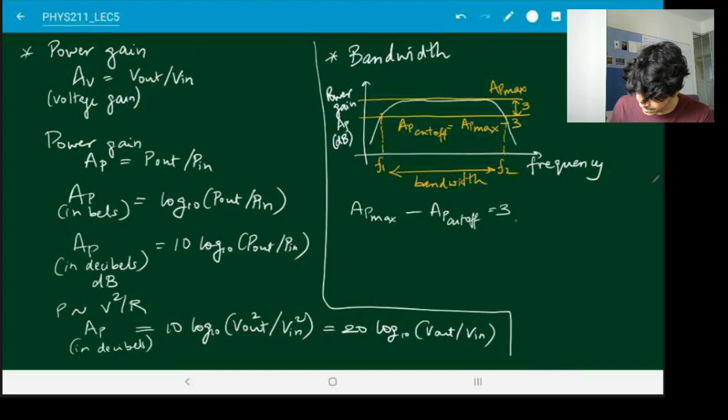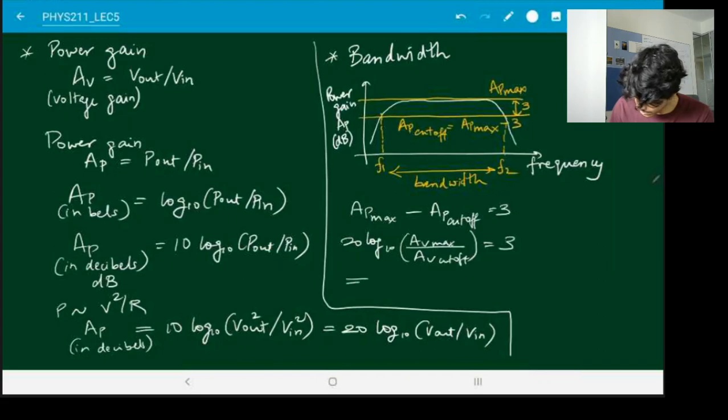But AP max minus AP cutoff is just 20 log 10 of AV max over AV cutoff.